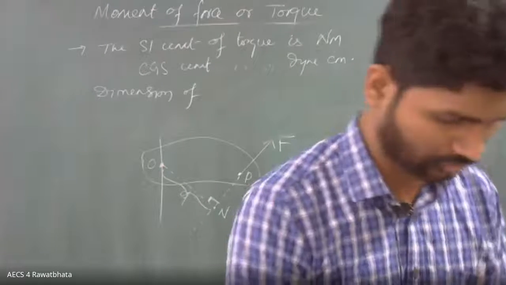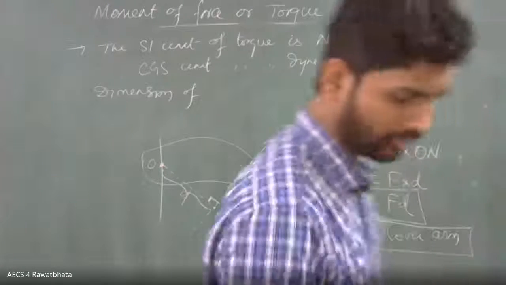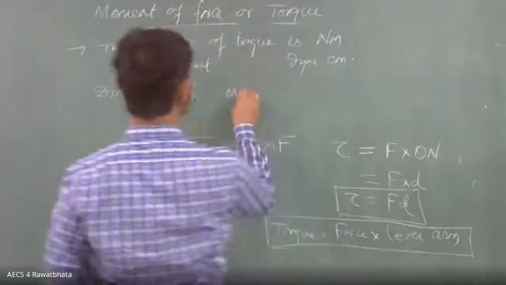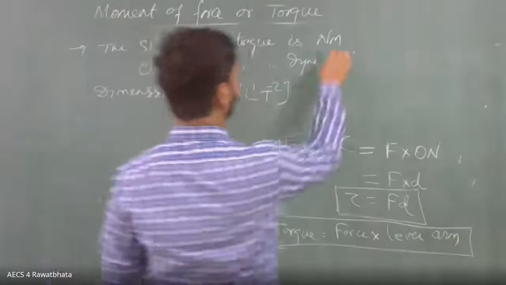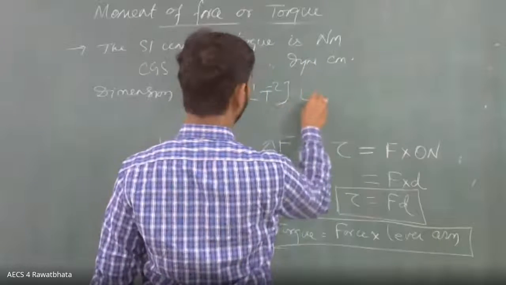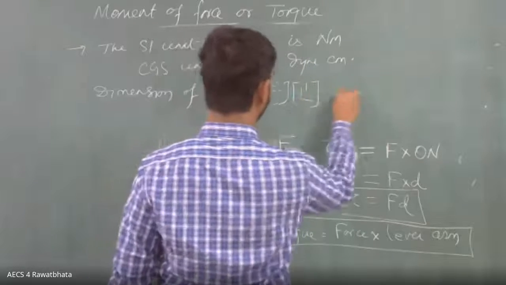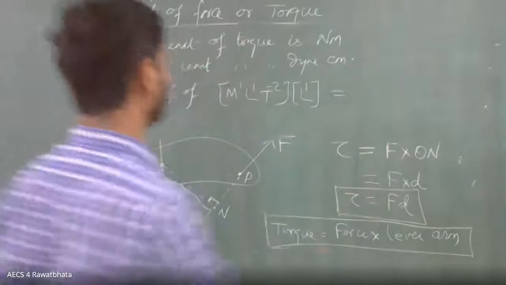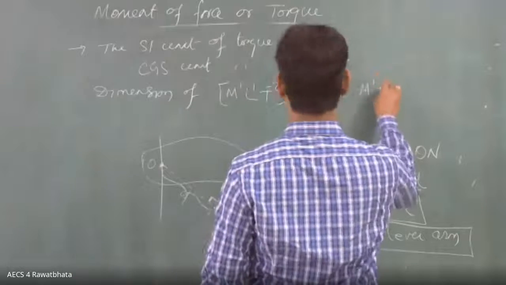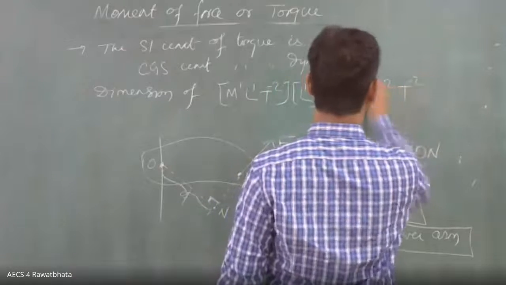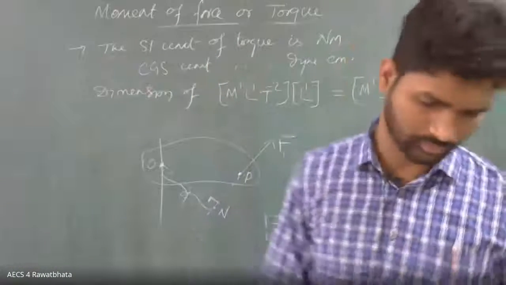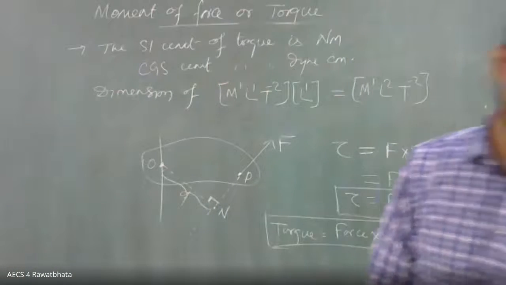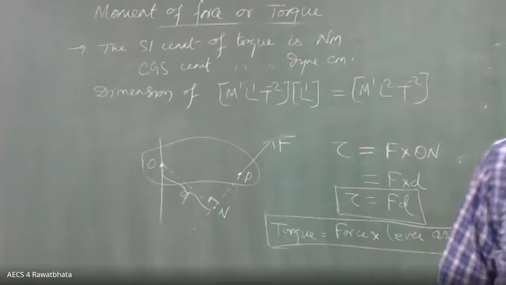Yes, so M1 L1 T minus 2, and for meter we have simply L1. So together we can combine these two and write M1 L2 T minus 2. Okay, so M1 L2 T minus 2 is the dimension of your torque. Clear?